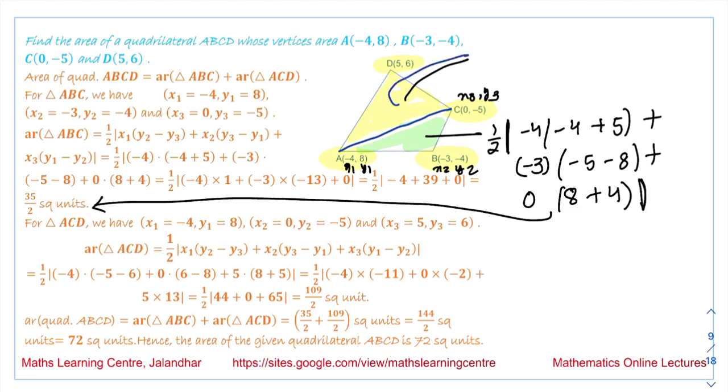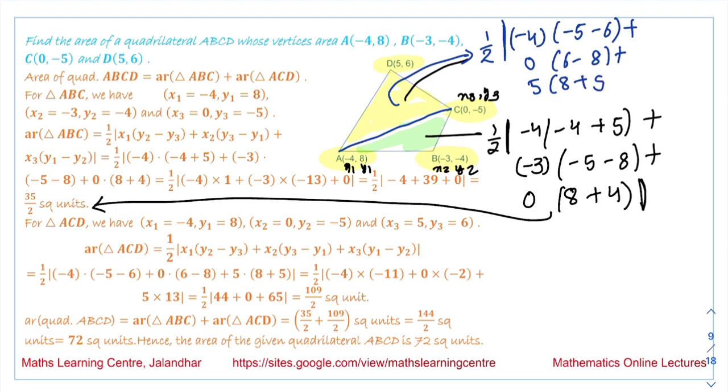Similarly, when we are calculating the area of the triangle ADC, the formula is 1 by 2 mod minus 4 into minus 5 minus 6 plus 0 into 6 minus 8 plus 5 into 8 plus 5, and it is mod over here.